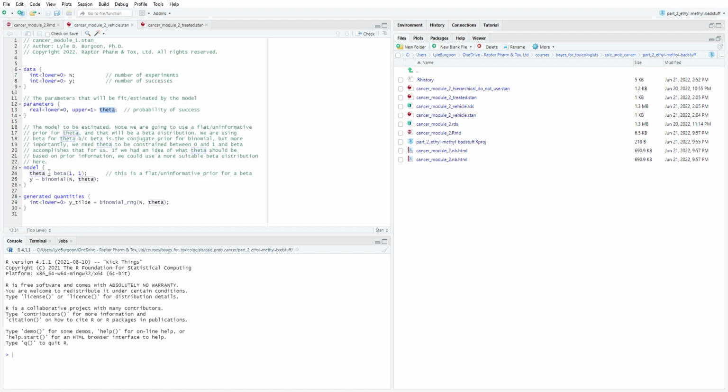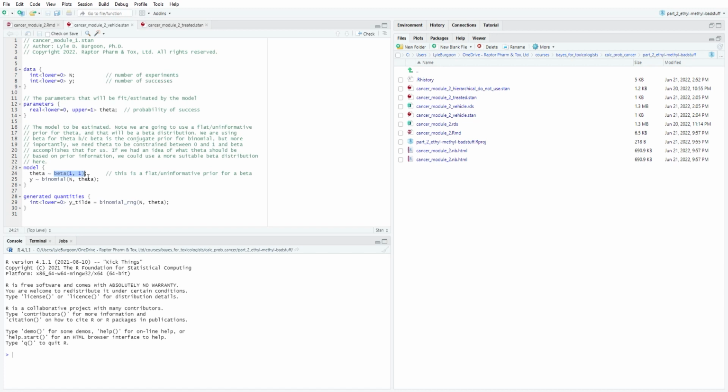Theta is our probability of success. The reason we're running this is ultimately to have this model, which gives us the uncertainty bounds around that theta. Theta is going to be from a beta distribution, and again, we're using a flat uninformative prior for beta.